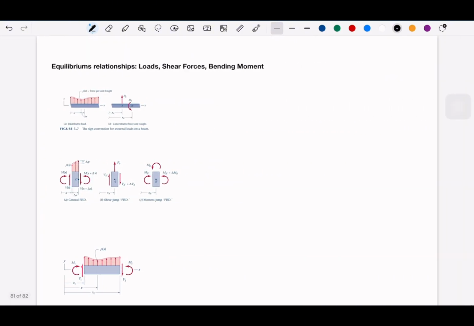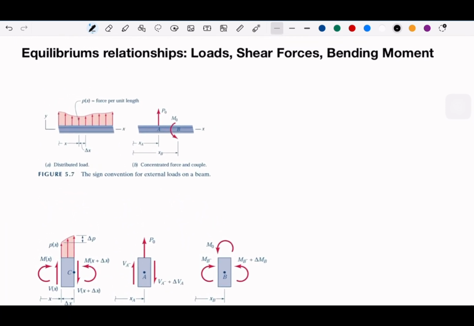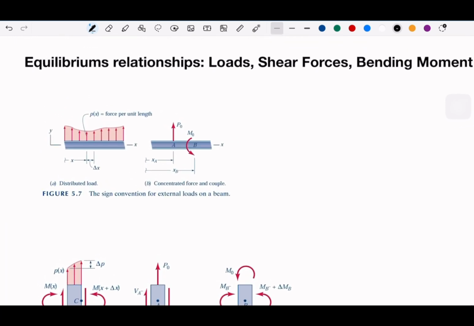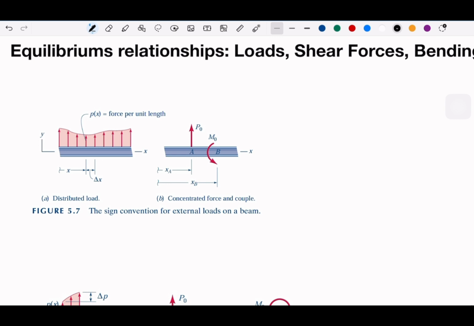If we look here, some sign conventions for external loads on a beam. We can have a positive distributed load. So let's say this is all positive. Positive means go up, in the plus y direction.